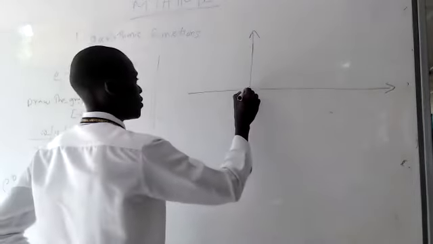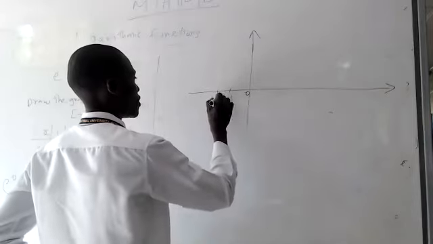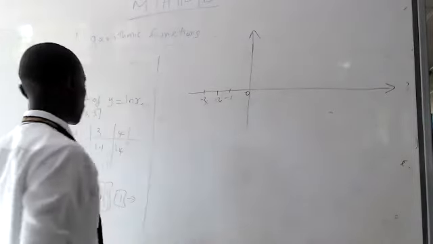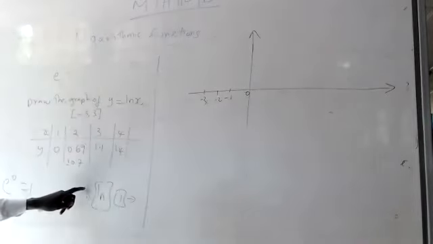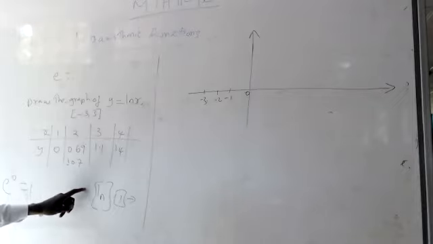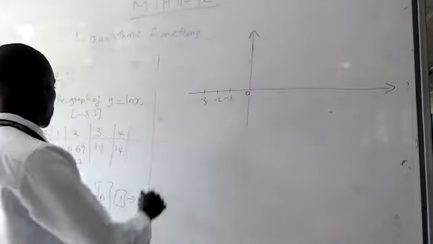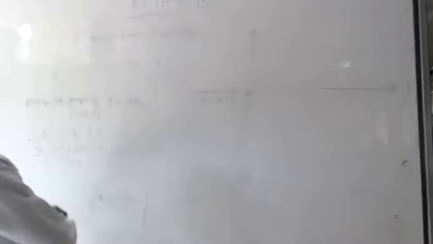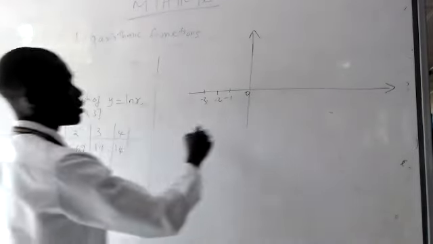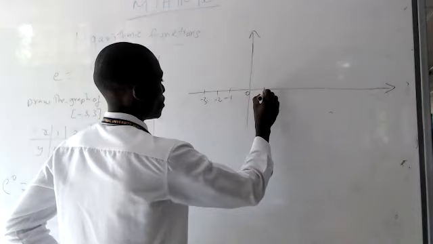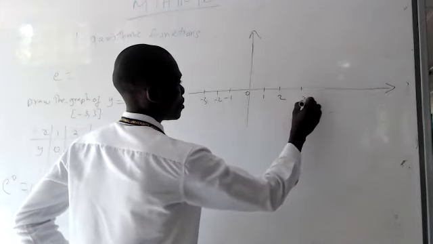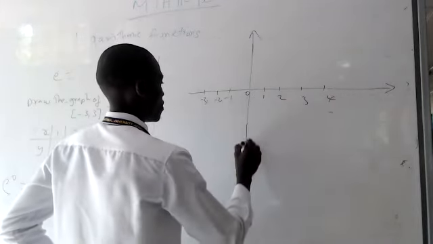So we will have 0, of course, -1, 2, 3. Remember, e is greater than 1, so we expect this. Let's say 1, 2, 3, 4.